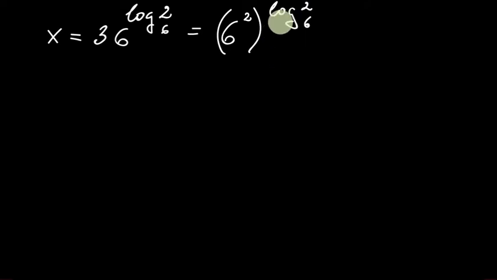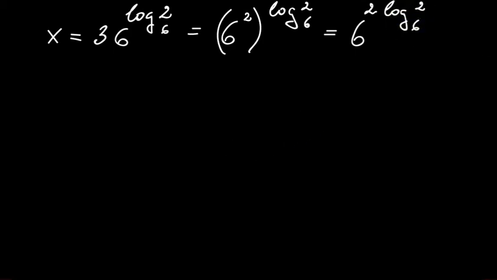Now we need to multiply this 2 and log base 6 of 2. Once we do that, we get 6 raised to the power of 2 times log base 6 of 2.